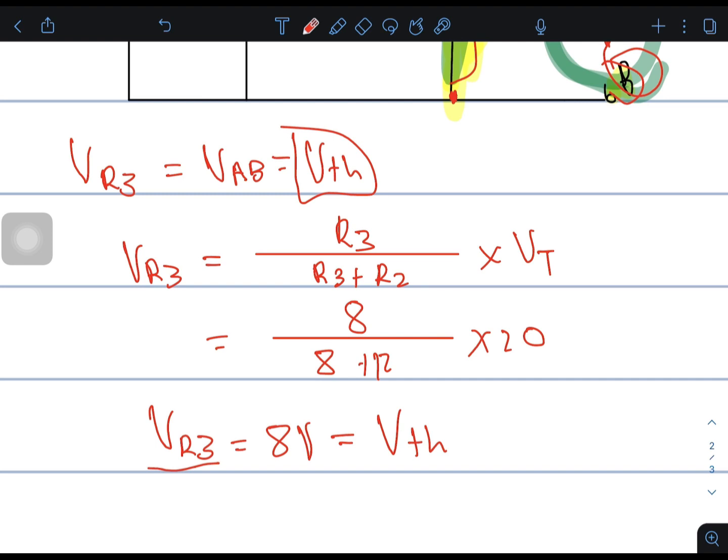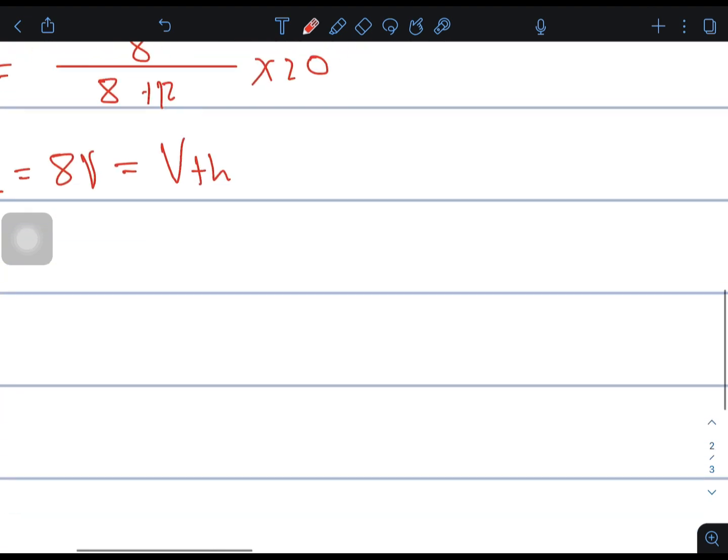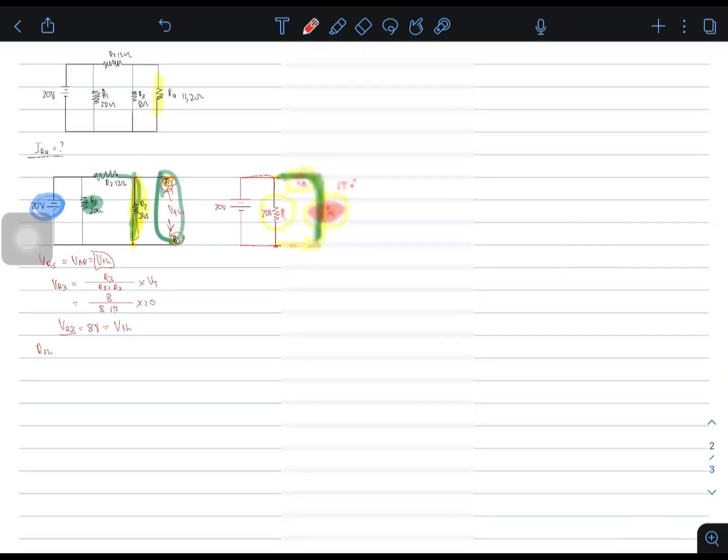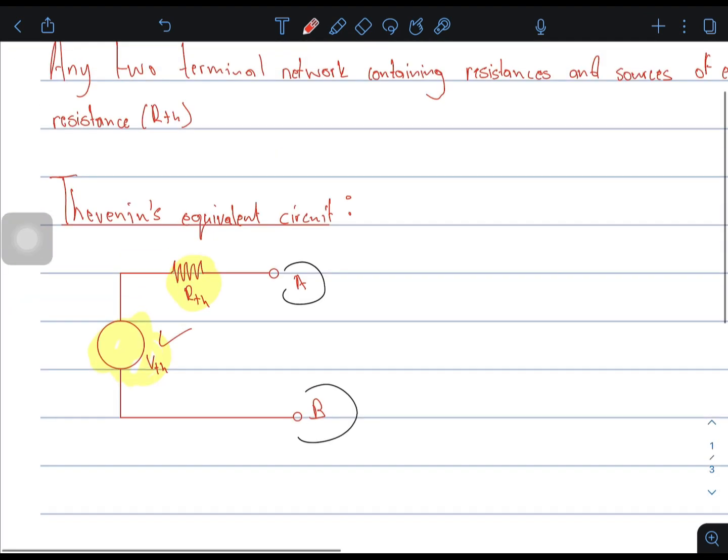Now that we have found the Thevenin voltage, we have to find the Thevenin resistance, guys. Because we say we simplify a circuit here to a Thevenin voltage in series with a Thevenin resistance.